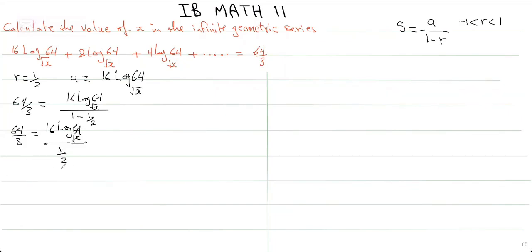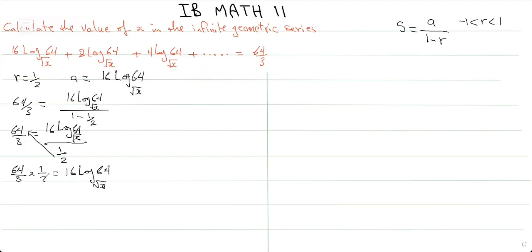So what I'm going to do after this, I'm going to cross multiply this number right into the 64 over 3. So basically you're going to have 64 over 3 times 1/2 equals 16 log base root x of 64.